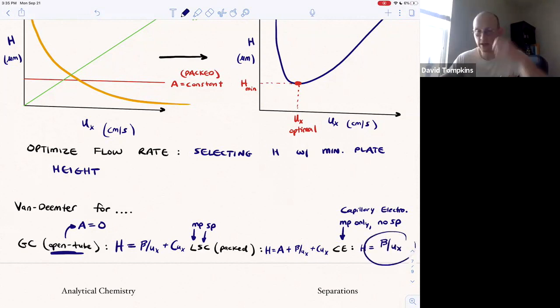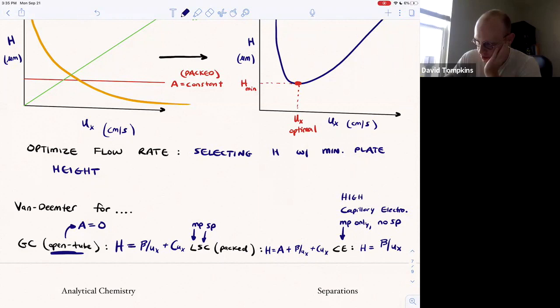We can never get rid of that B term because the solutes have a diffusion coefficient, and they are always non-zero, or solutes always diffuse at some constant value at a given temperature. So you can't avoid the B term, even if you get rid of the stationary phase. But capillary electrophoresis, because of this one term in the Van Deemter equation, has very efficient separation ability, where we can get the highest number of plates and the maximal resolution.